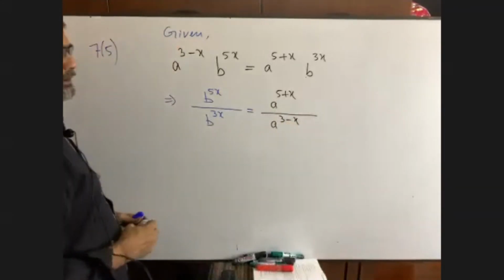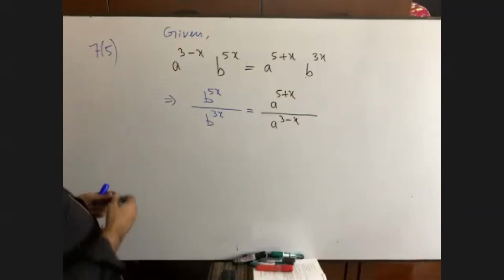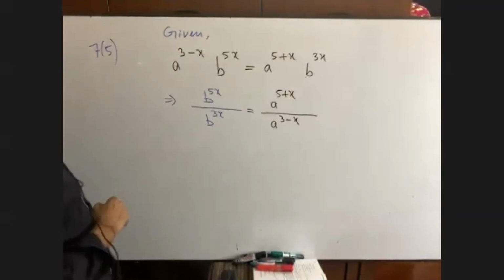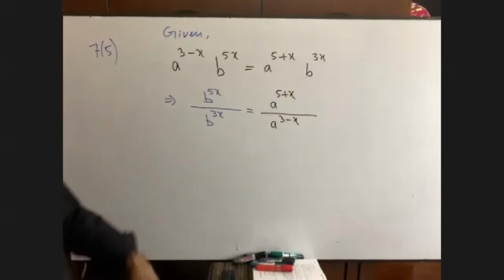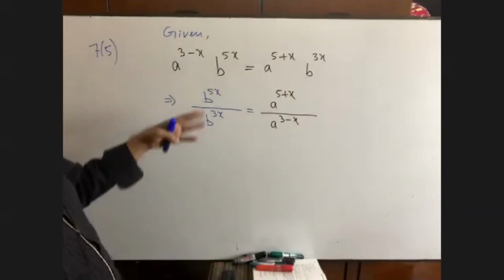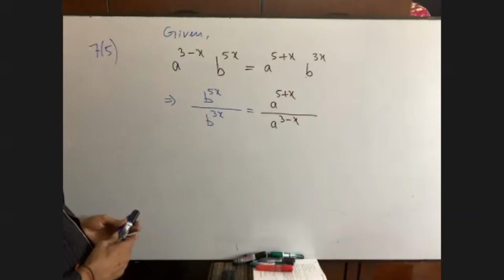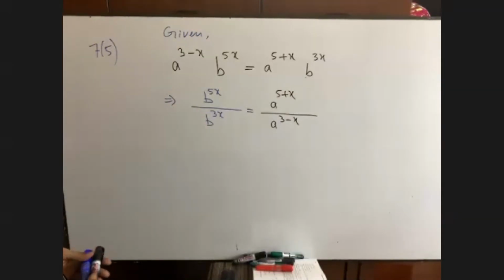What actually I have done? I have taken this A here and this B here. And if I go for cross multiplication, we'll get the same as we had in the first line. Have you got it?